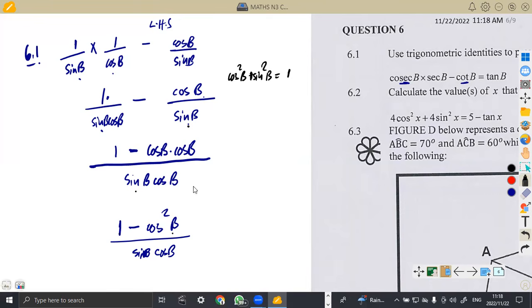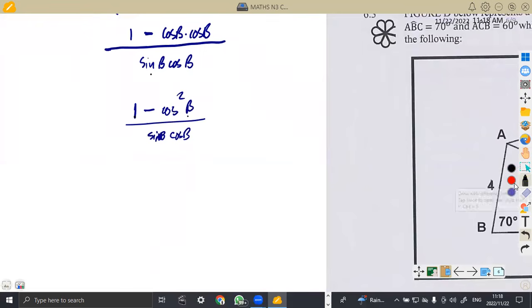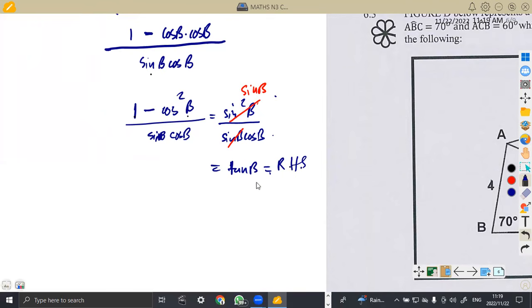So if it is 1 minus cos squared, it just means we transpose this to the other side and we're left with sine squared B, which is 1 minus cos squared B. So in place of 1 minus cos squared B, we are going to substitute with sine squared B. From this part, we're going to have sine squared B over sine B cos B. Here we've got sine, so sine B into sine squared B, we are going to remain with sine B. We know that sine over cos is tan, so this was going to give us tan B, which is the same thing as what we had on the right-hand side.